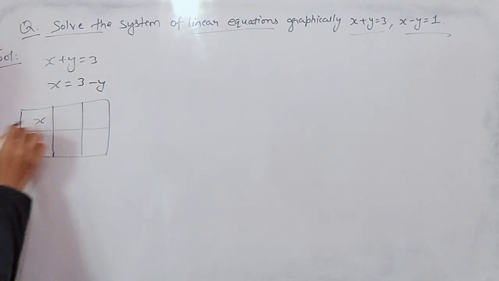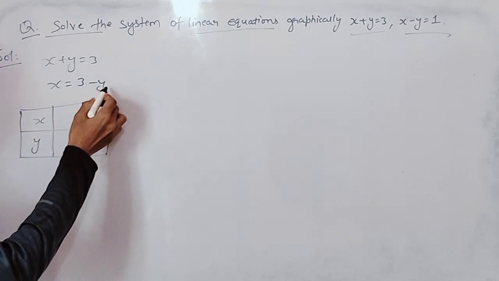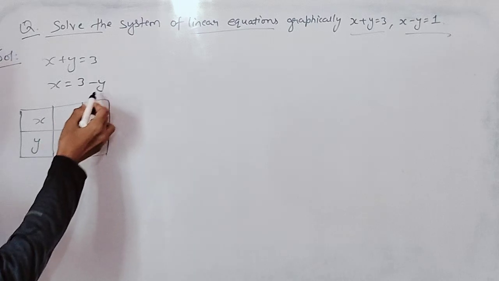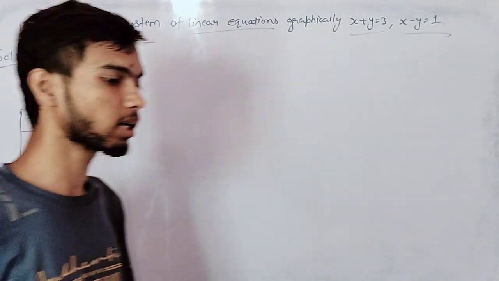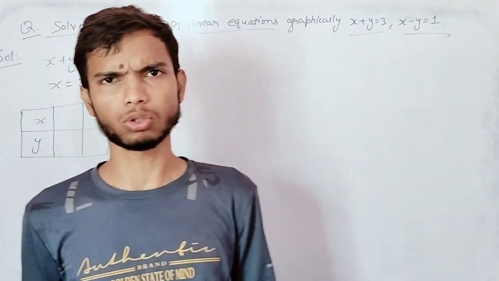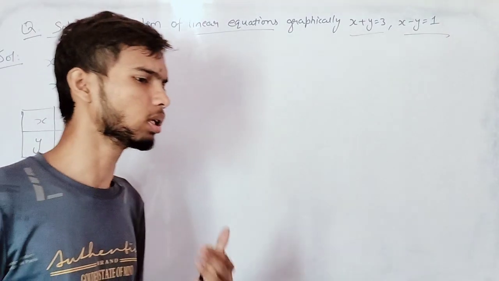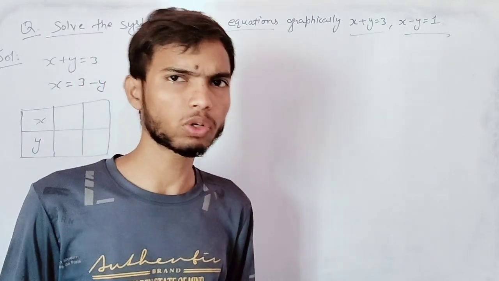Here, let's say this is x and this is y. If in place of y you want to start from 0, then yes, you are right. There is nothing wrong. You can start from zero. It will be easy and efficient for you.